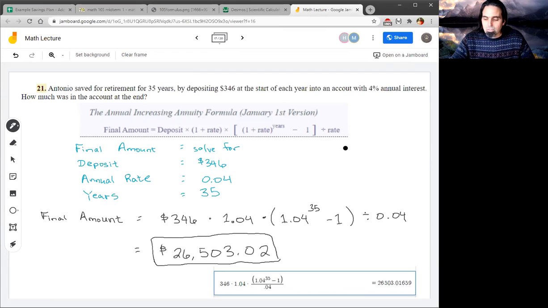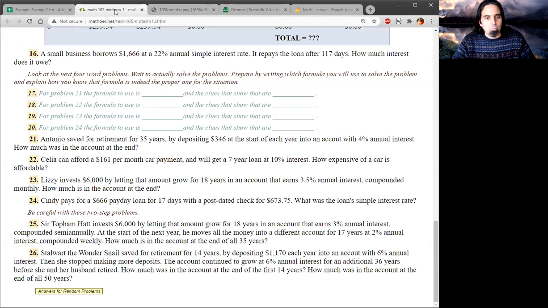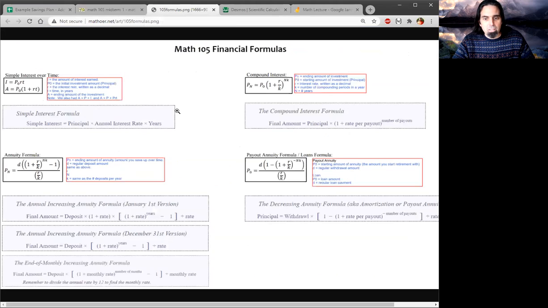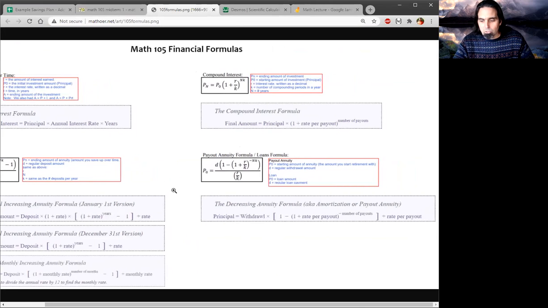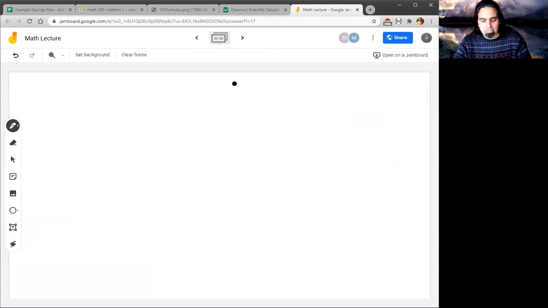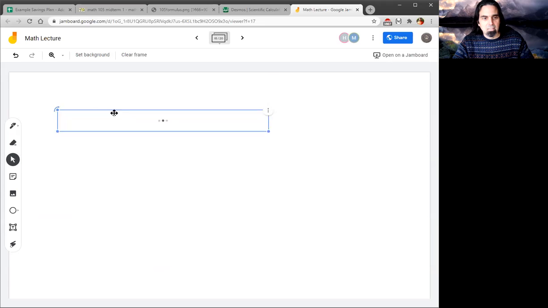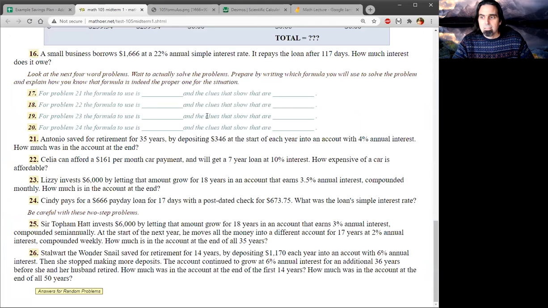Okay, one more, then we'll be done. For people who want it, the last formula was the decreasing annuity formula, and then we will have seen them all. So which one of these is the decreasing?